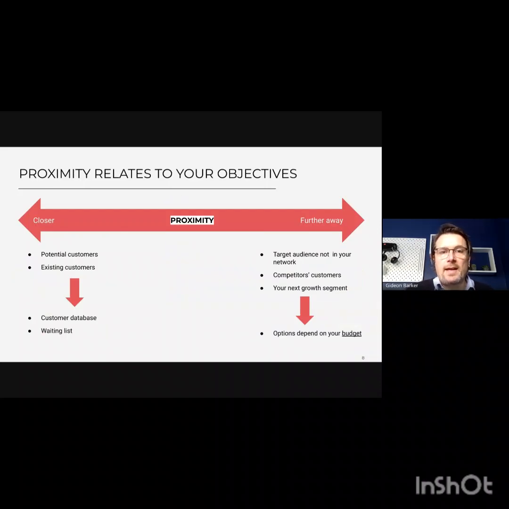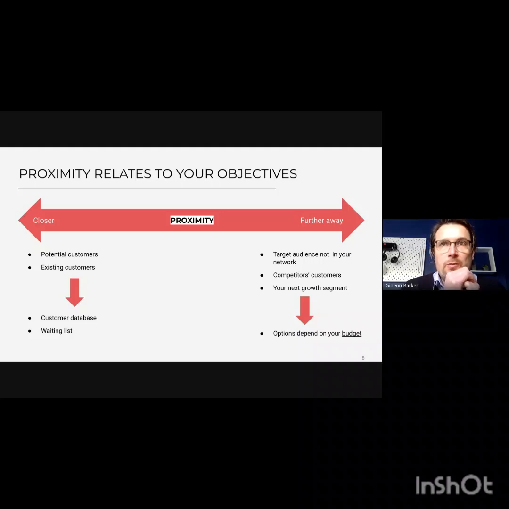If we look at that in more detail, obviously it's going to be easier to find people who are closer to you. You may have an existing customer base within your business or your startup. You may have a waiting list of people that have signed up because they're interested in your product.